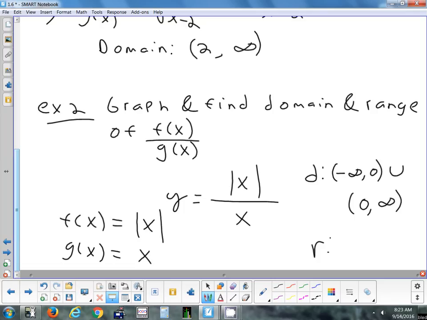How about if I plug in negative 3? You get negative 1. How about negative 9? Negative 1. So the range only has 2 values in it. You can get the number 1 and negative 1, and what we'll do is write it like this: we're making a list of every number you get because there's only 2.